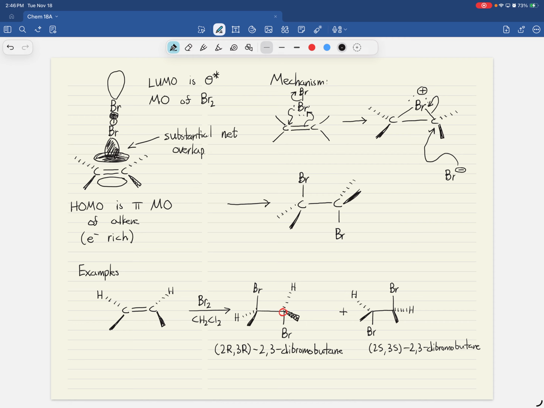All right, so this time the bromine attacked right here. So let me just reiterate what we get here. We get the bromonium intermediate.